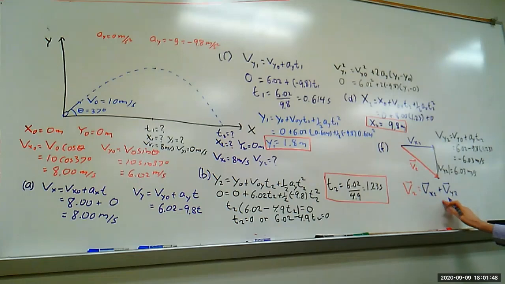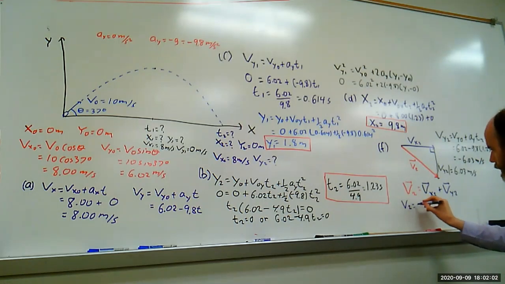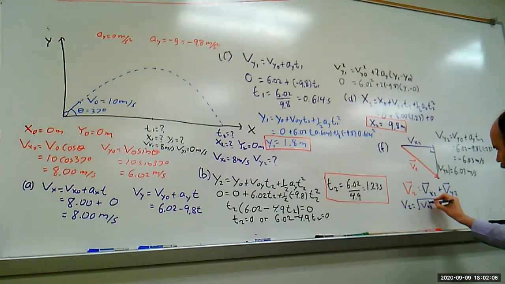It's a vector addition. So to get V2, we make use of the fact that this is a right angle triangle. And we use the Pythagorean theorem. So V2 is the square root of Vx2 squared plus Vy2 squared. And when we put in the numbers, we're going to get the square root of 8 squared plus 6.03 squared.